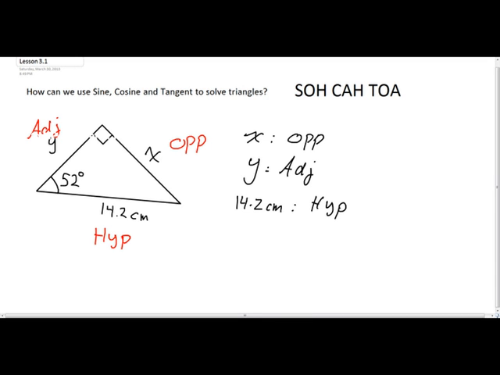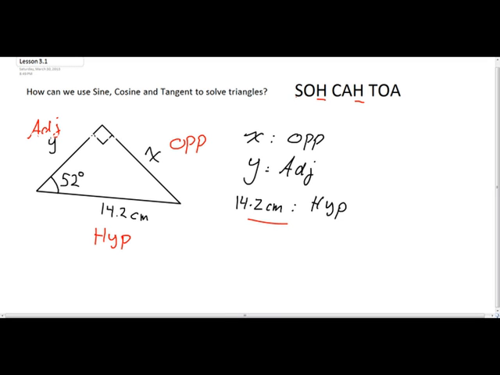So now that we've got a catalog of the information that we have, let's take a look. Well, we know the hypotenuse. So our known side is going to tell us our course of action here. So I have to use one of my ratios that has hypotenuse being a part of it.